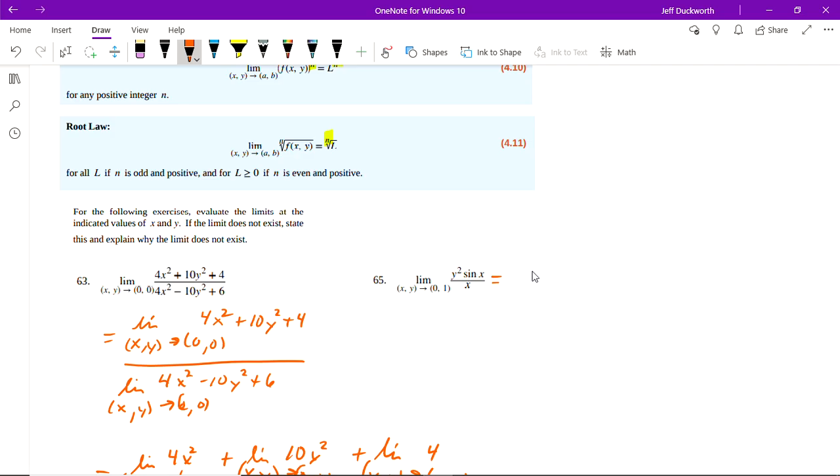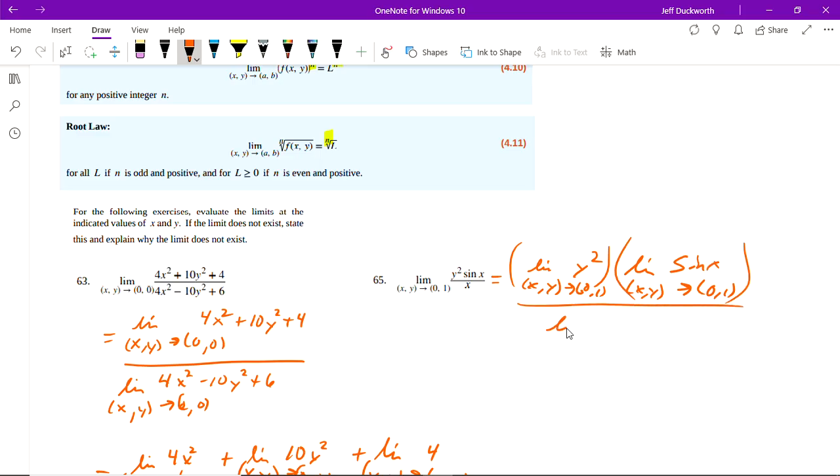So we'll do the same sort of thing. Oh, excuse me. This will be fine. That's going to be what, 0, 1? That's all over this limit.